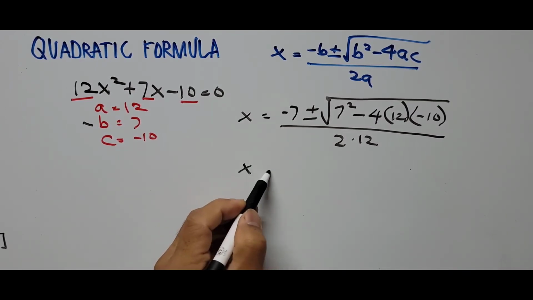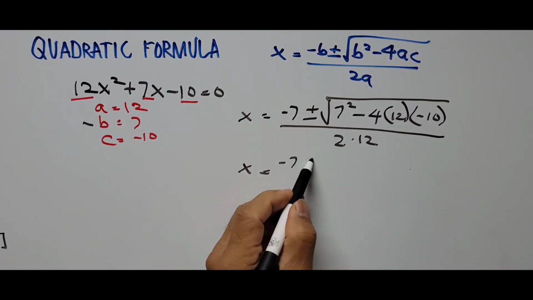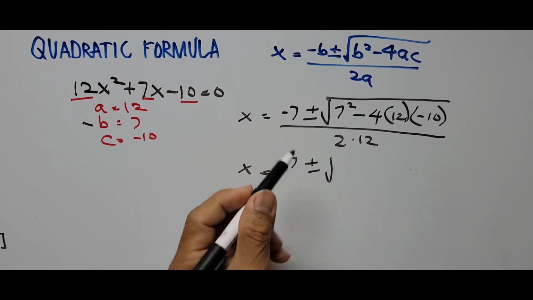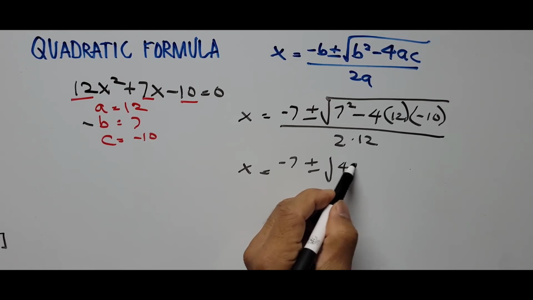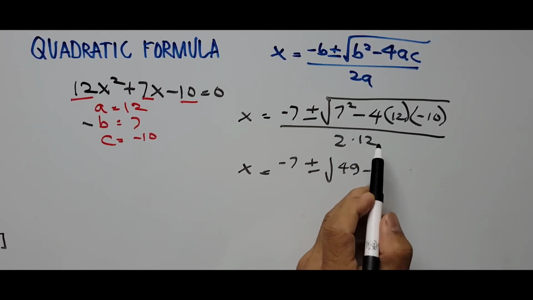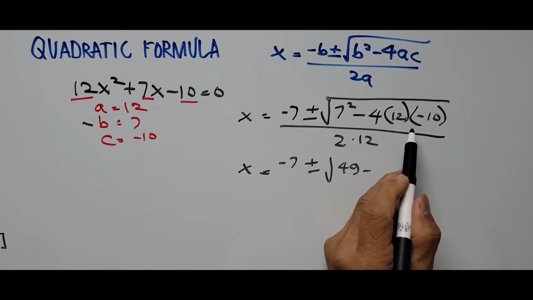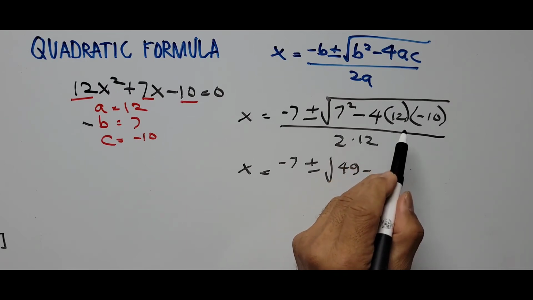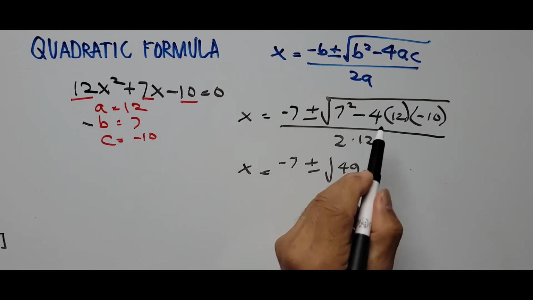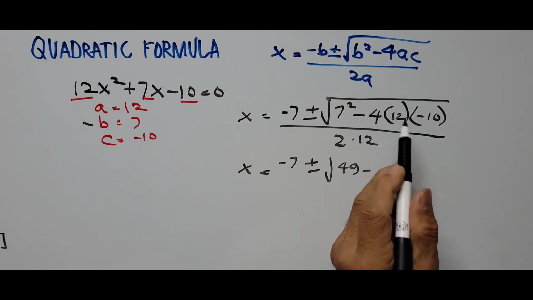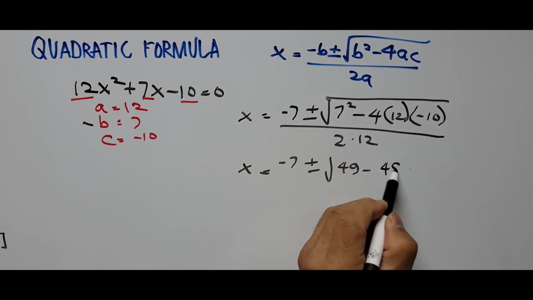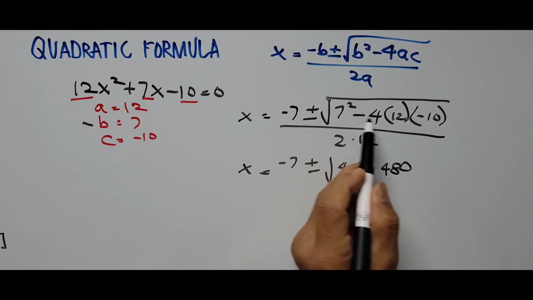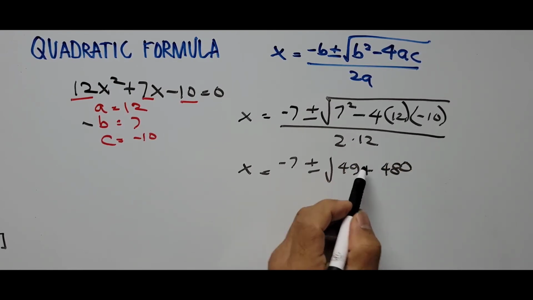So that is -7 plus or minus the square root of 7 squared, that's 49, minus 4 times 12. 4 times 12 is 48, times 10 is 480. Negative times negative will become positive.